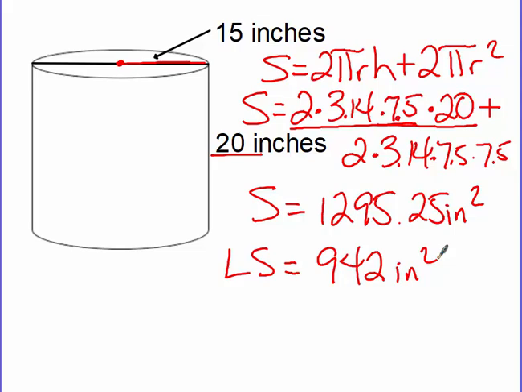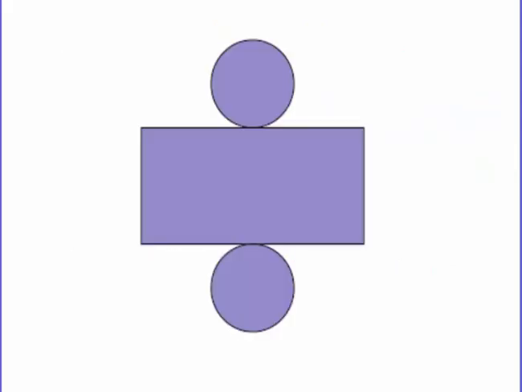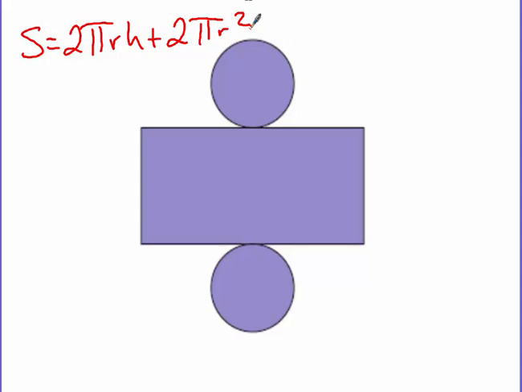But now let's find out, where does this formula come from? Well, the net of a cylinder looks like a division sign. We have two circles and a rectangle in the middle. Okay, so when we look at our formula of S is equal to 2 pi RH plus 2 pi r squared, where do we get that from?